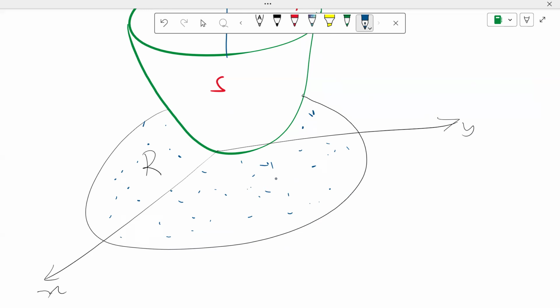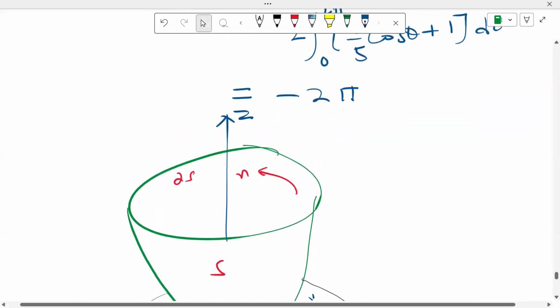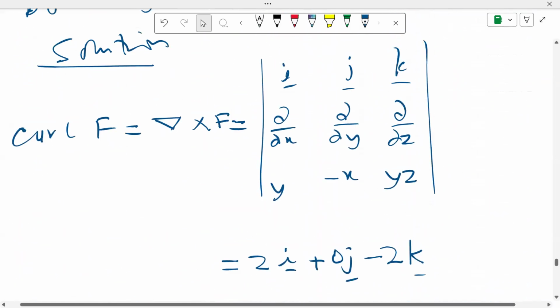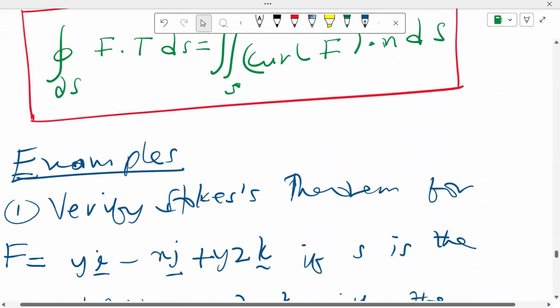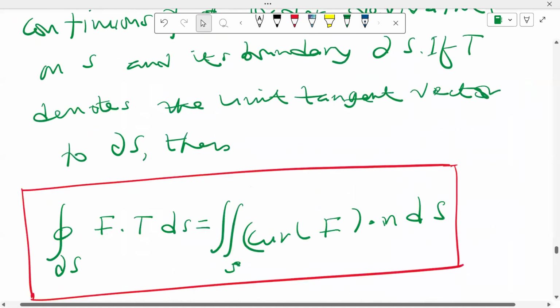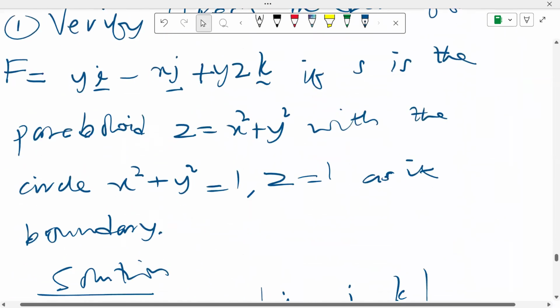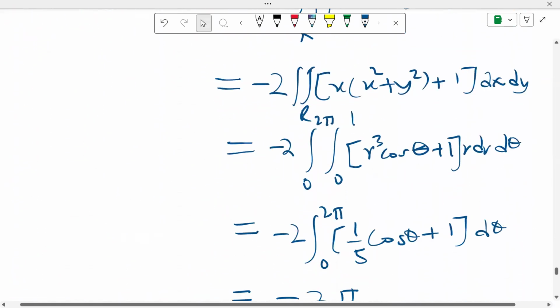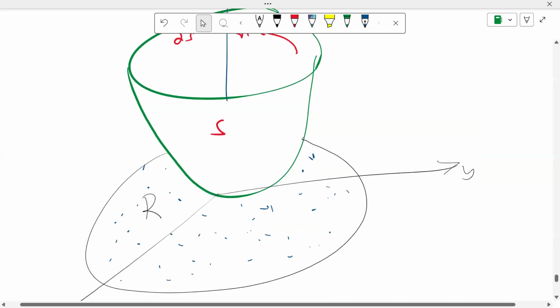So you take your time and go through. If you have any questions, yes, let's have them. Okay, so this one too, we've looked at the Stokes theorem, and we've actually solved the question under that.